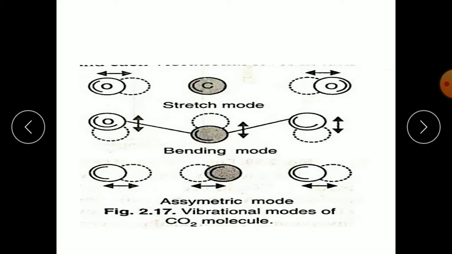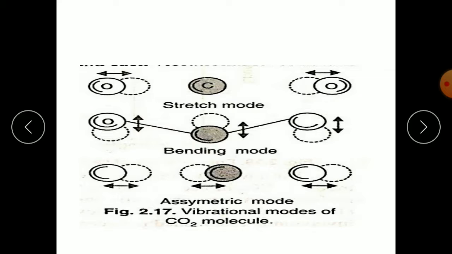If any state is represented as the 0, 1, 0 state, it means the molecule has 0 quanta of the stretching mode, 1 quanta of the bending mode, and 0 quanta of the asymmetric mode. That is the representation of a state, and each mode is quantized, that we have seen in the last video.